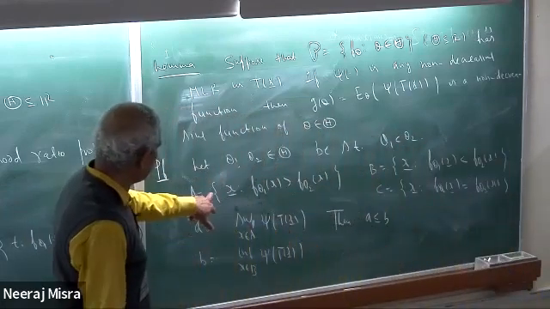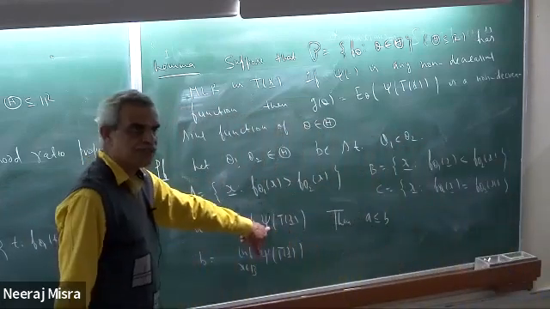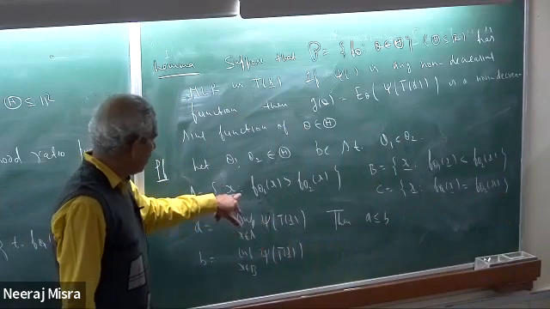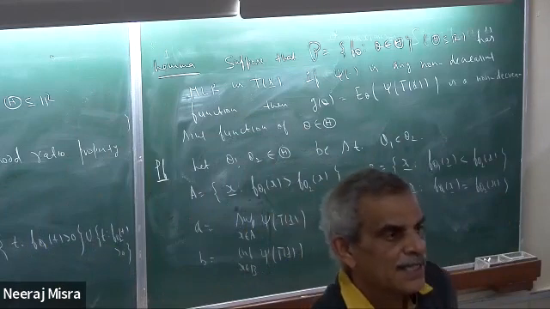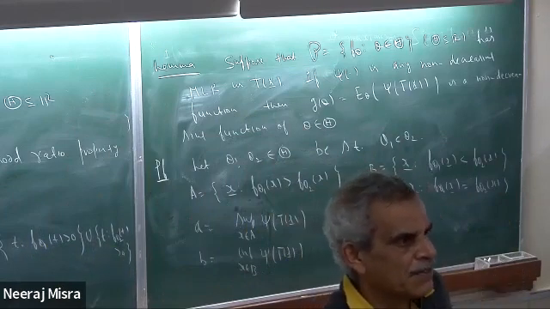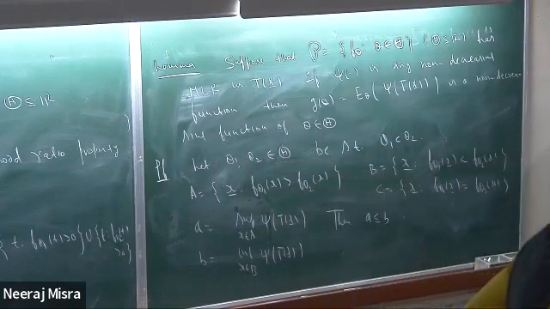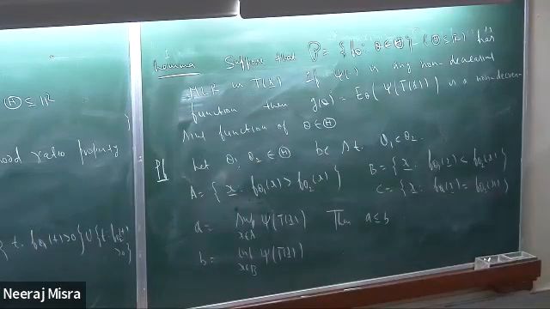I have defined a to be the supremum of values of psi of t(x) over this set. What is this set? This is a collection of all those x such that f theta 2 upon f theta 1 is less than 1. And because your family has an MLR, f theta 2 upon f theta 1, because theta 2 is bigger than theta 1, is increasing in t. So the set where f theta 2 upon f theta 1 is less than 1 is the same as t(x) less than some constant c.